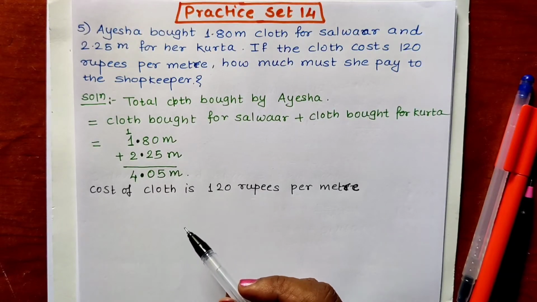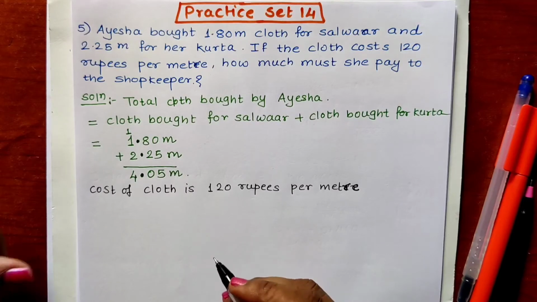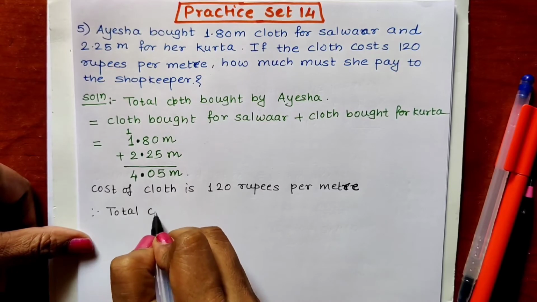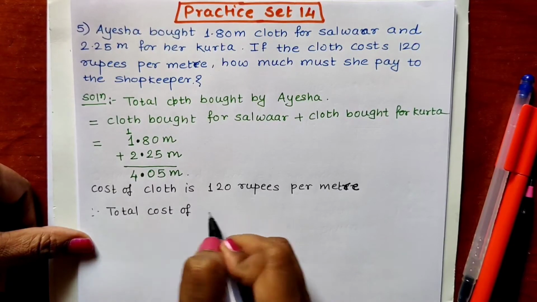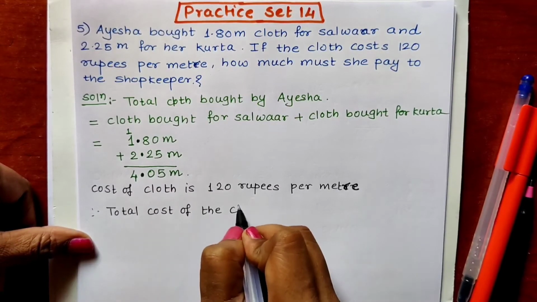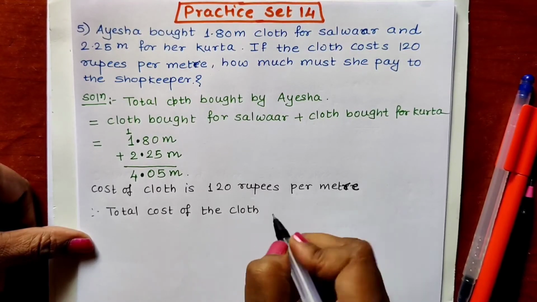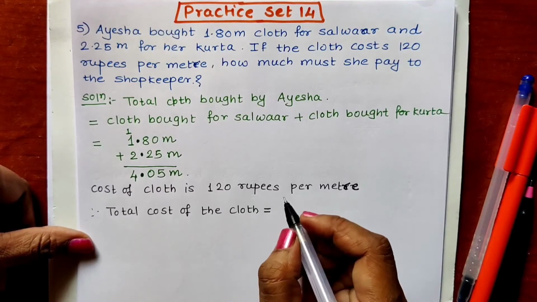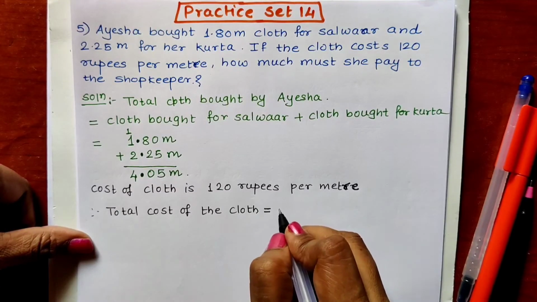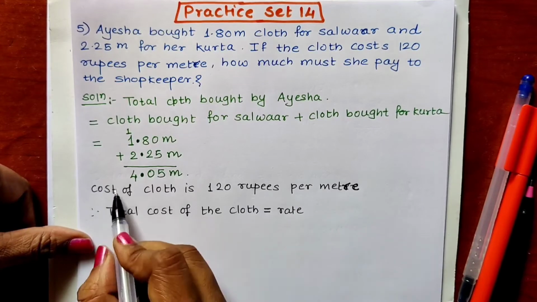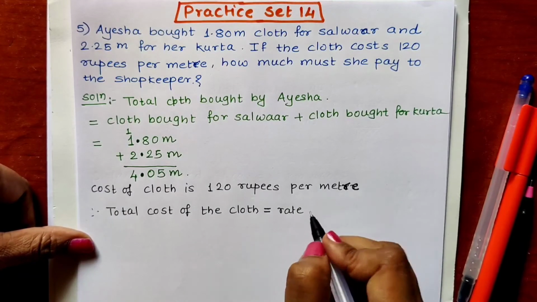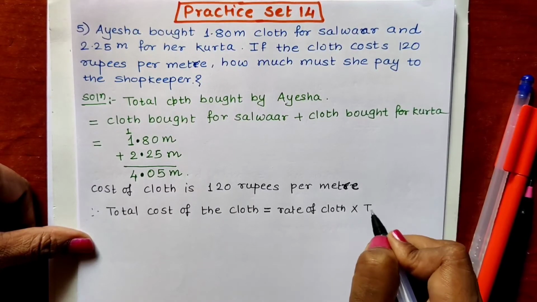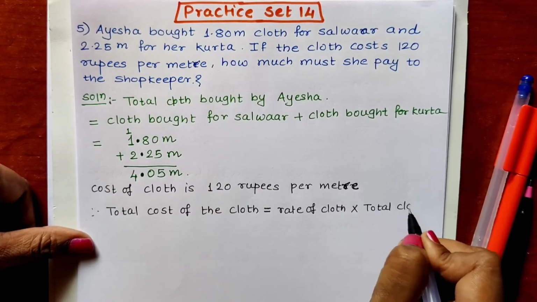So how much amount she has to pay? So total cost of the cloth will be equal to rate of cloth. Rate means this cost of 1 meter. Okay, rate of cloth multiply by total cloth. Correct.